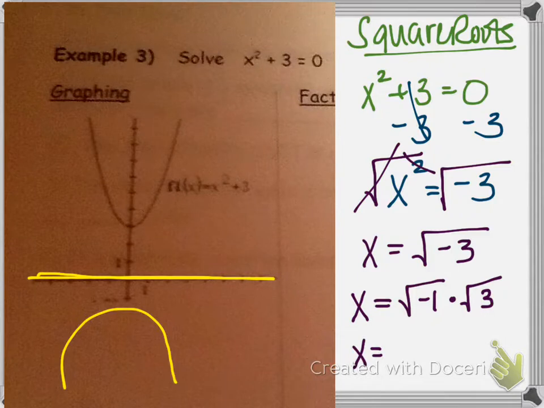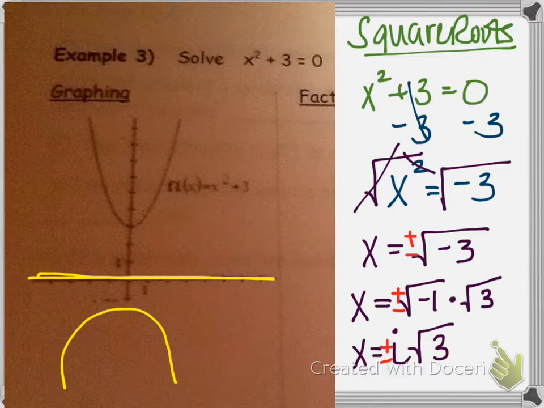So x equals i, and I forgot my plus or minus again. Yikes, don't do that. When we square root, we have the plus or minus. So it turns into plus or minus i times the square root of 3. And that's the same solution I got with the quadratic formula, but I didn't have to erase and rewrite because it actually fit, because it's nice and tiny.